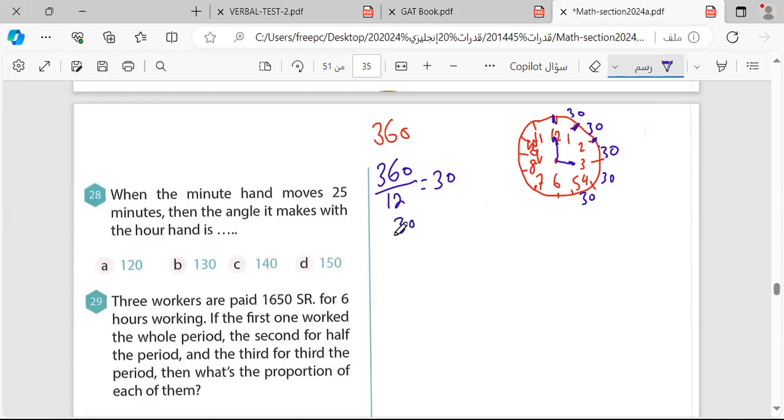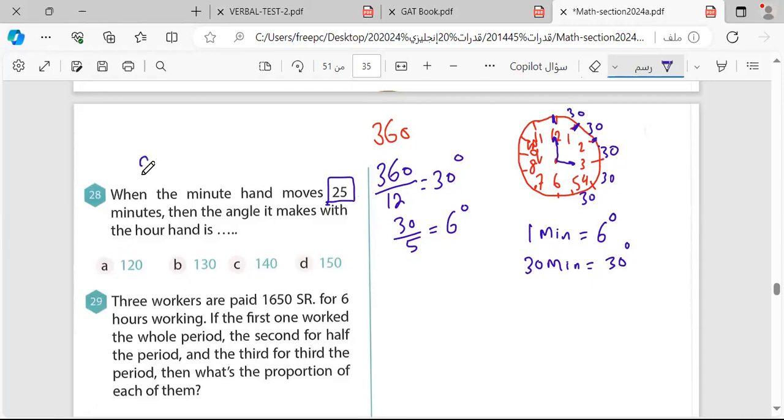So 30 divided by 5 equals 6 degrees. Right? So now you can write 1 minute equals 6 degrees. 30 minutes equals 180 degrees. Right? And 1 hour, 360.